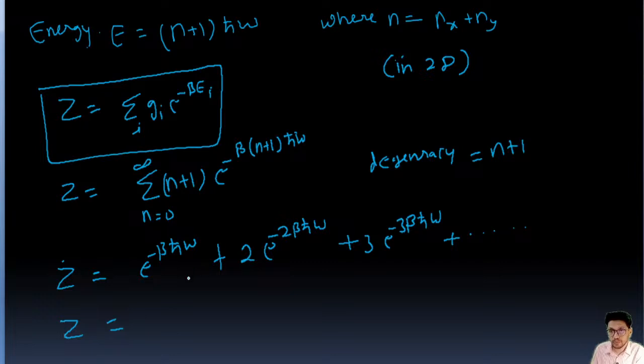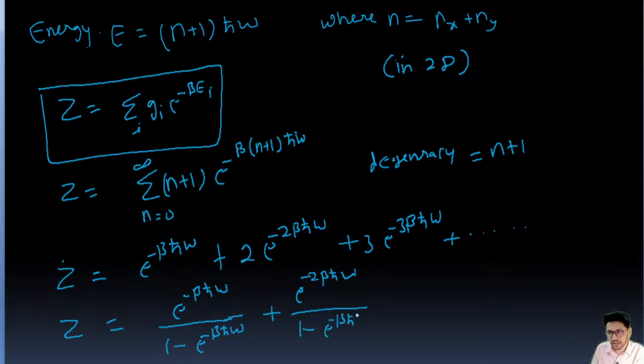So for this formula, it is going to be e to the power minus beta h cut omega upon 1 minus e to the power minus beta h cut omega, okay, plus e to the power minus 2 beta h cut omega upon 1 minus e to the power minus beta h cut omega whole square, okay. So this is going to be this. I'll tell you the formula. So there's a formula, okay.